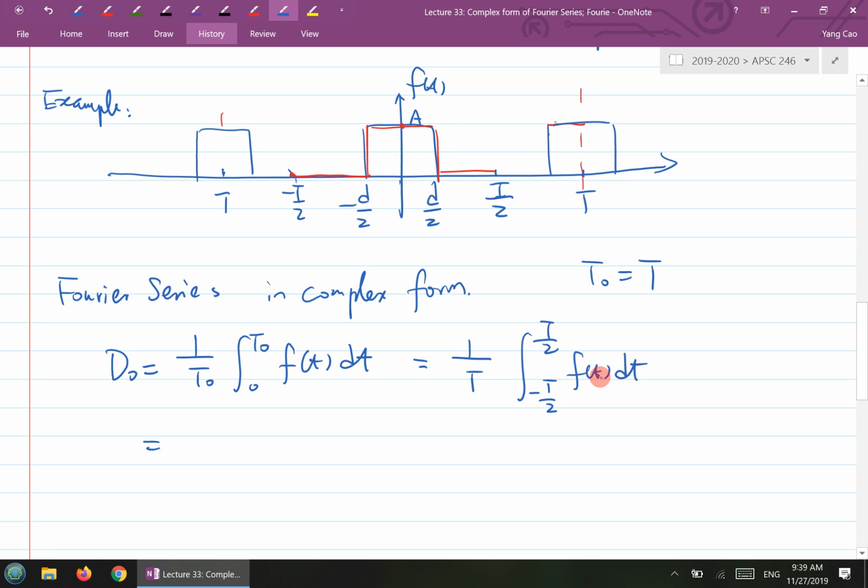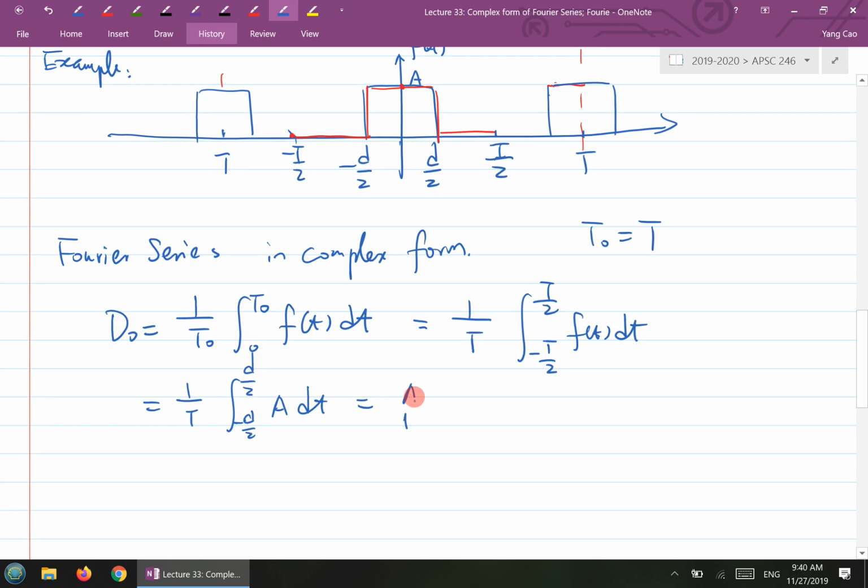Within negative d over 2 to positive d over 2, the function f takes a value of a, and this will give us a d over t. So that's the d naught value.